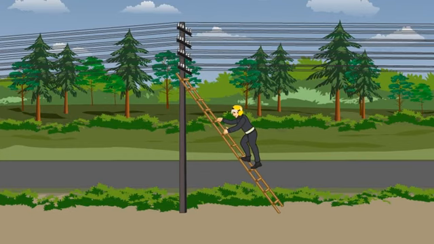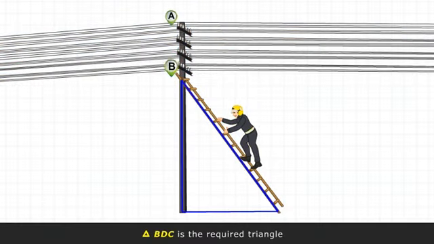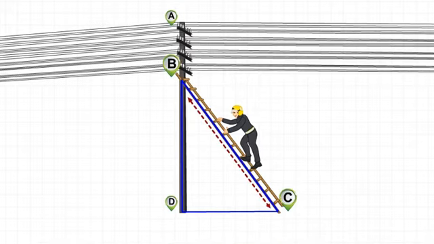The best way to approach these problems is to find a right-angled triangle. In this case, triangle BDC is the required triangle. BC represents the ladder, which is the hypotenuse of the right triangle, and we need to find its length. Now here we should take the trigonometric ratio as sin.